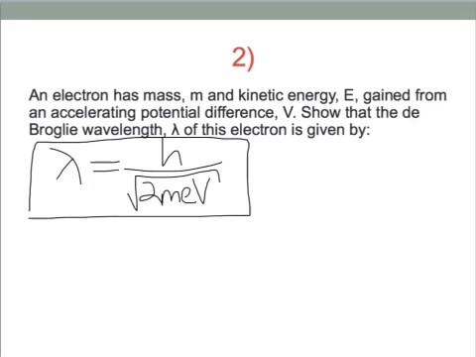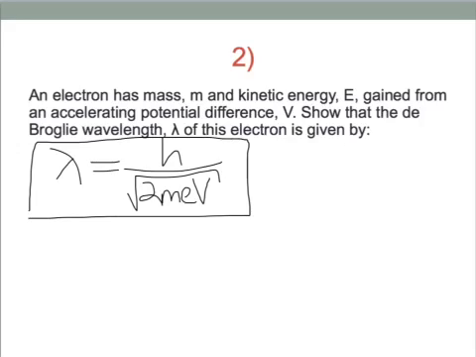Now you can see, hopefully, a couple of things here. This bottom line looks a lot like the kinetic energy relationship when we're trying to find velocity from a potential difference. Not quite the same, of course. It sort of gives you a clue as to how to proceed.